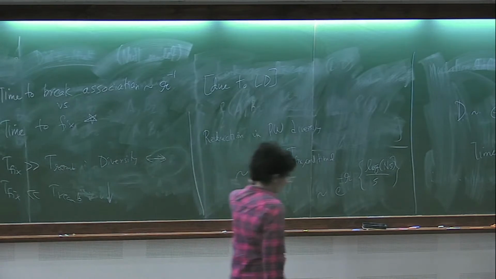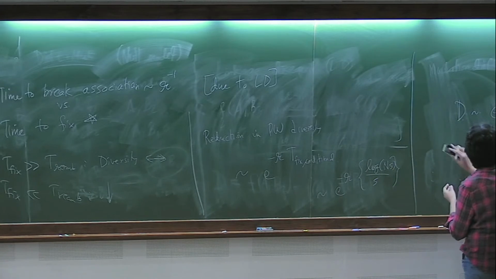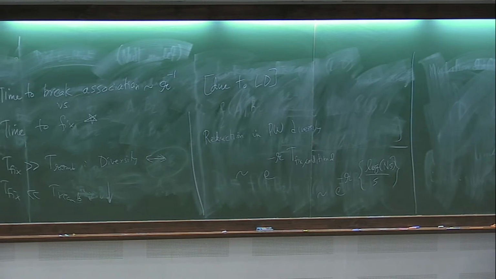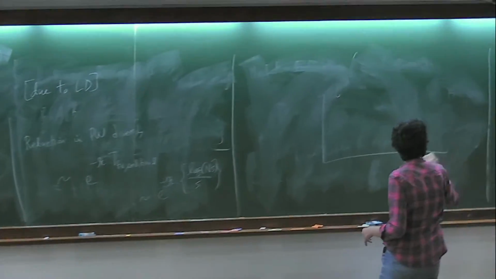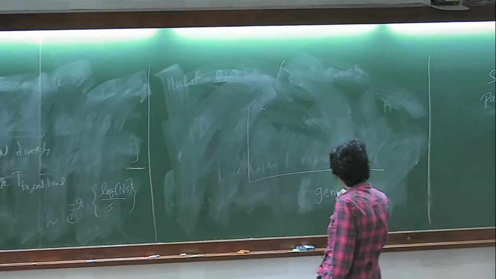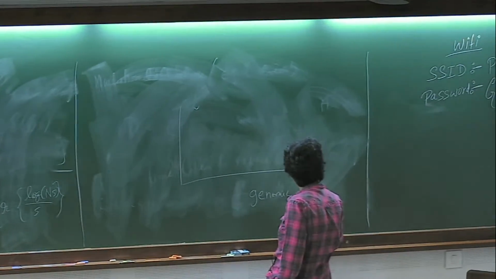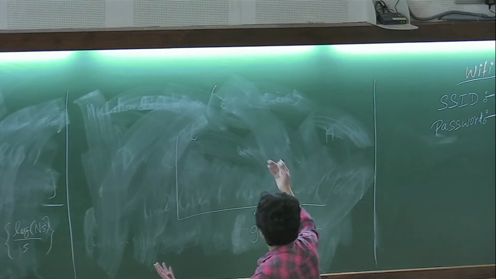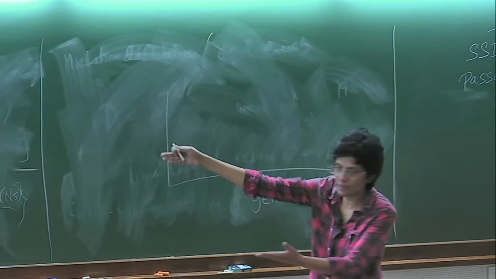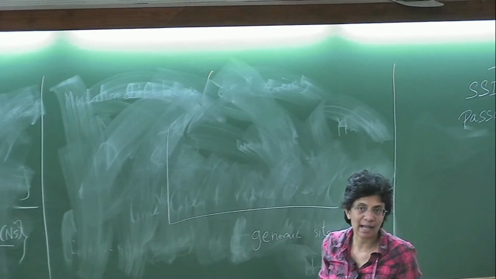So what people do is, you take genomic sites, and what I'm plotting is just a cartoon, and they measure, for example, the diversity. So look at some data and measure this pairwise diversity as you did in the example.